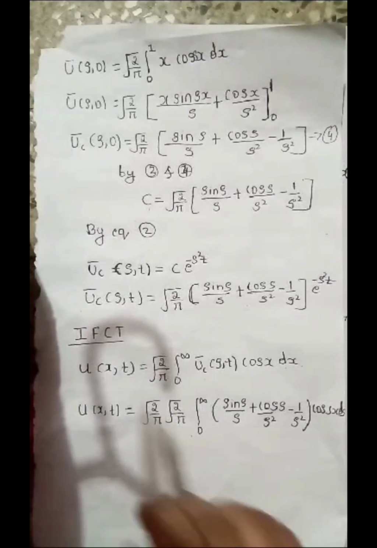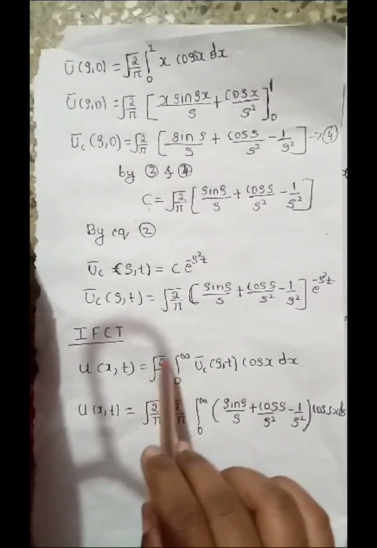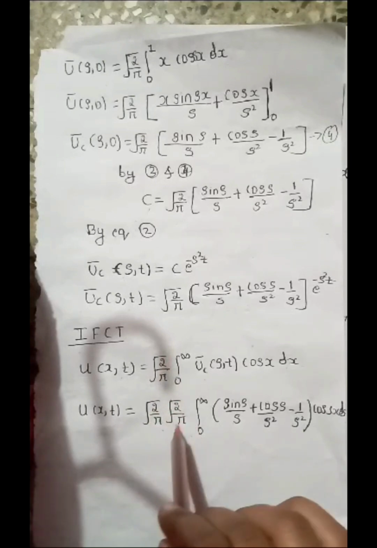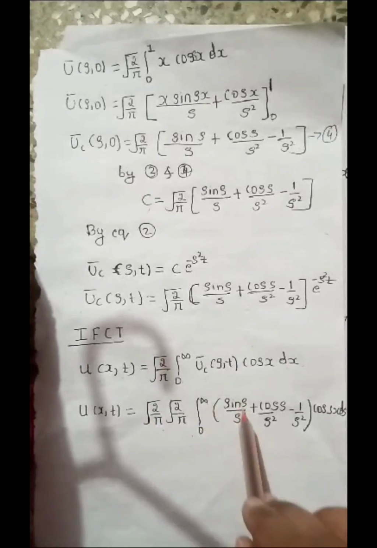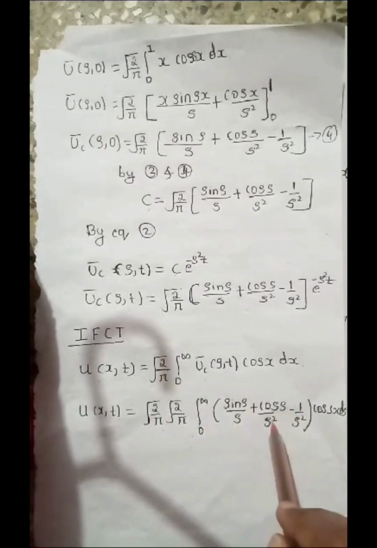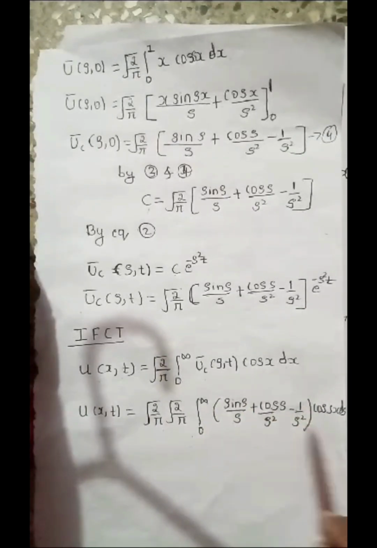You can see, after taking square root of 2 by pi into square root of 2 by pi, integral from 0 to infinity of sin s divided by s plus cos s divided by s² minus 1 by s², times cos sx ds.